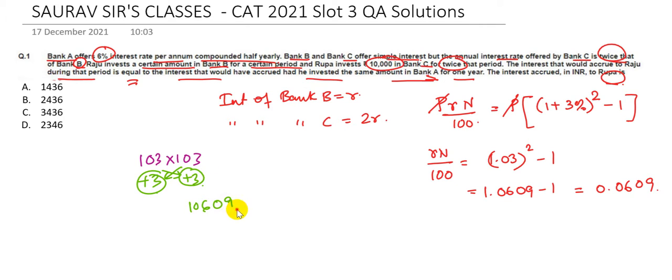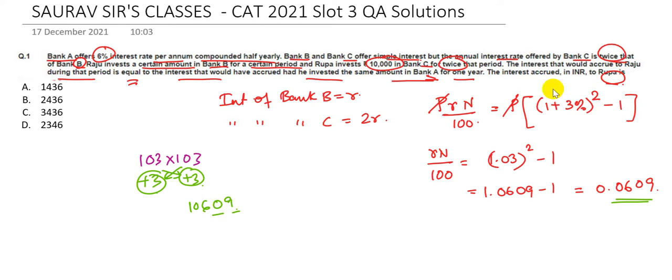So 09. There will be 2 digits after this. So 10609. Here it's 1.03 times 1.03. So that comes out as 1.0609. So this is the value of RN by 100.